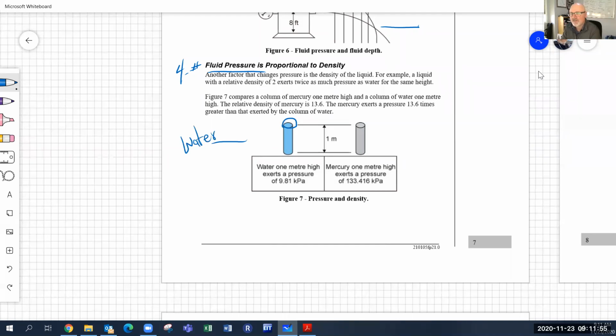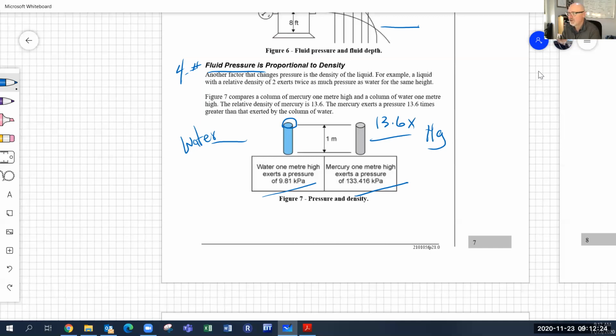So when we have a fluid that's heavier than water, for example, mercury is 13.6 times heavier than water, you can see the pressure is going to be different because that fluid density is either heavier or lighter than water. We're going to do all of our calculations today according to water.